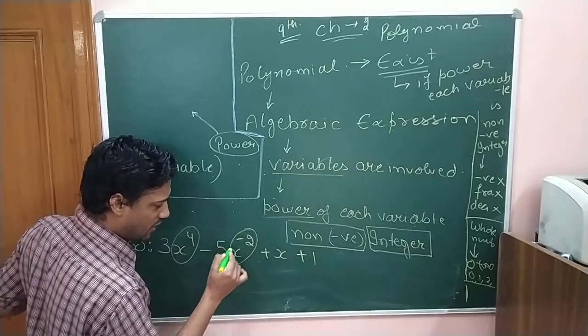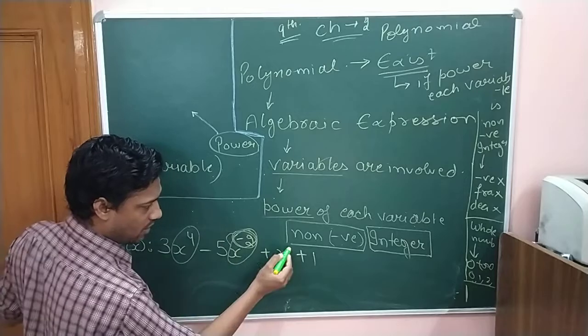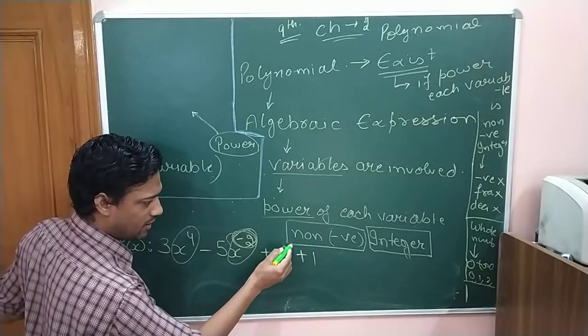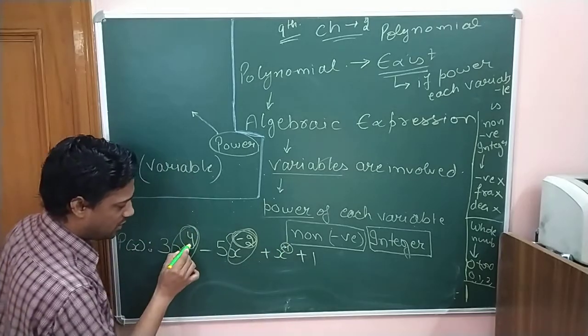Here the power of the x variable is minus 2. Here the power of the x variable, if not written, then by default it's 1. It's also a positive integer. So the power of this variable is a positive integer.